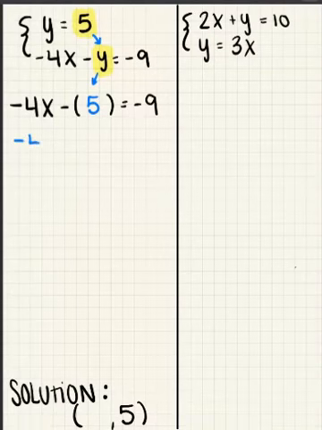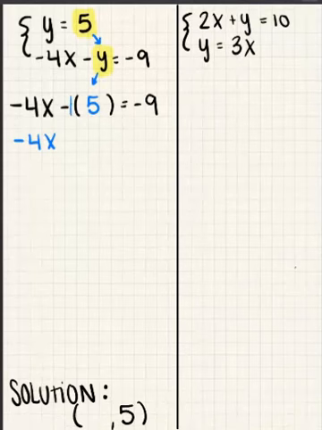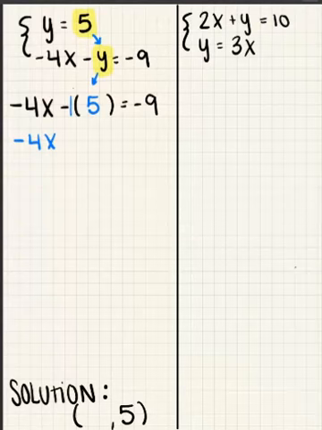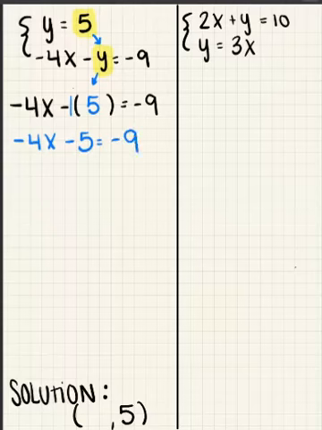So what I can do, I can simplify this and clean it up a little bit. Negative 4x, we haven't touched, we leave it alone. Remember, there's a secret little 1 hiding here in front of the parentheses after that negative. So I have negative 1 times 5 is minus 5 equals a negative 9. I want to clean this up so that I can start figuring out how much x is.